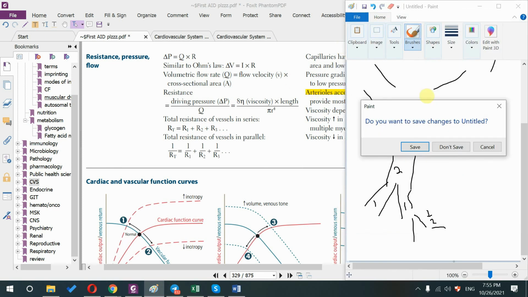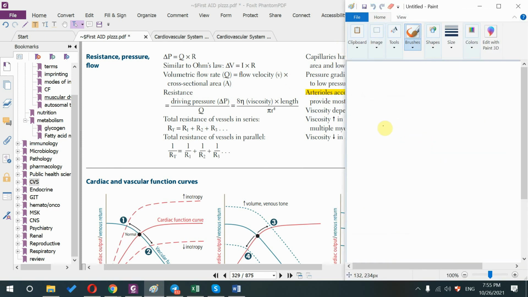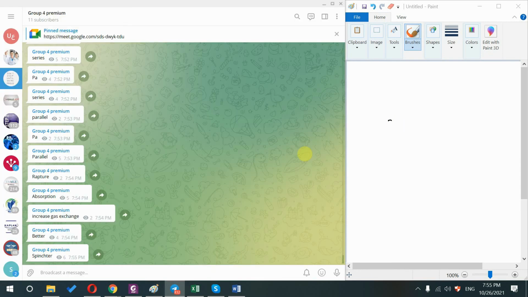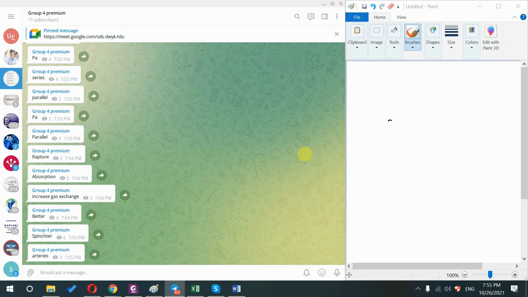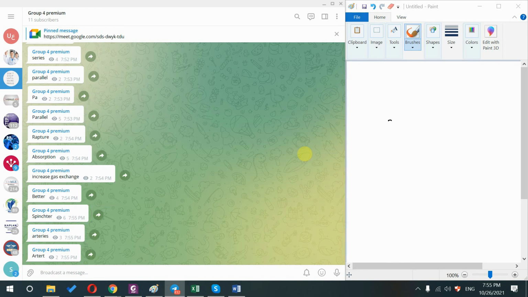Okay, guys. So if we speak about the size of the arteries, what is more tight, arteries or veins? Yes, arteries are much more tight because their walls are thicker. And if the wall is much thicker, it will be more difficult to pass blood through. Don't you agree?